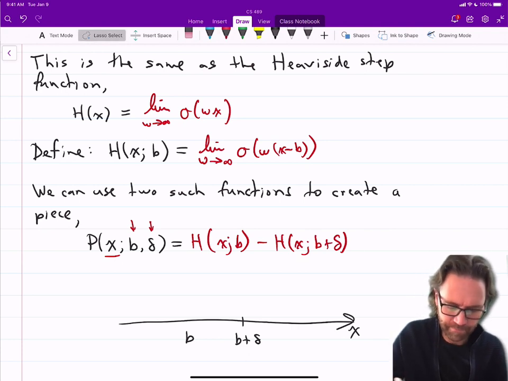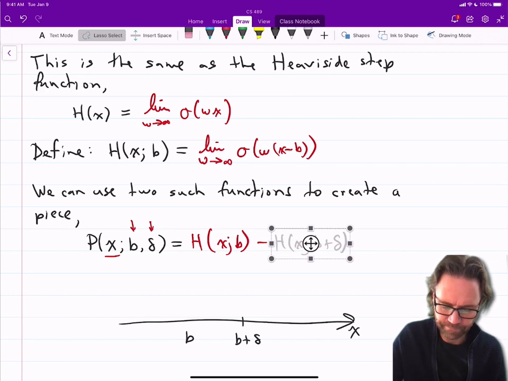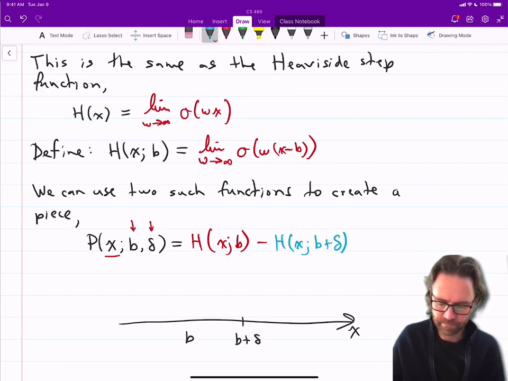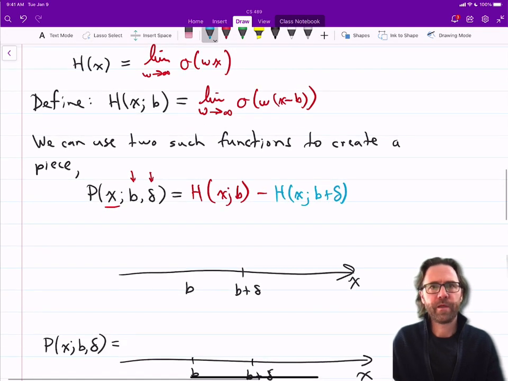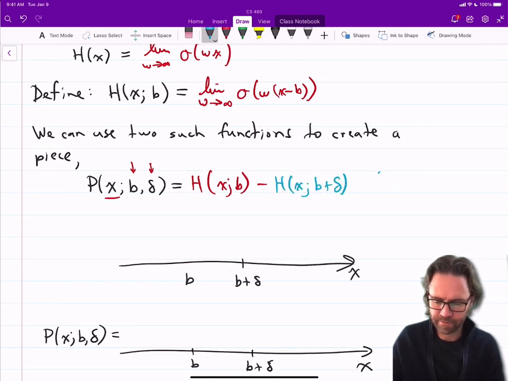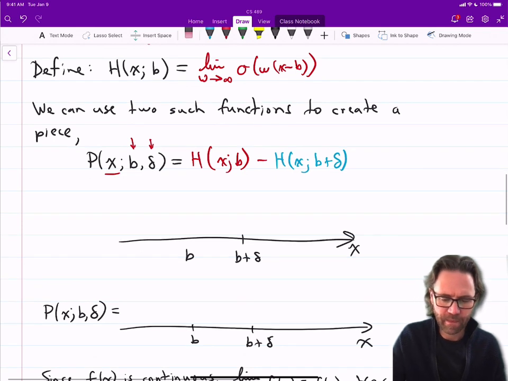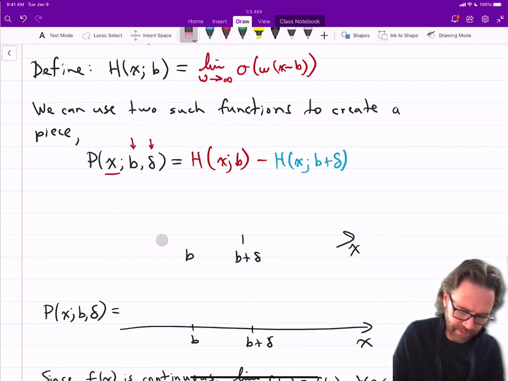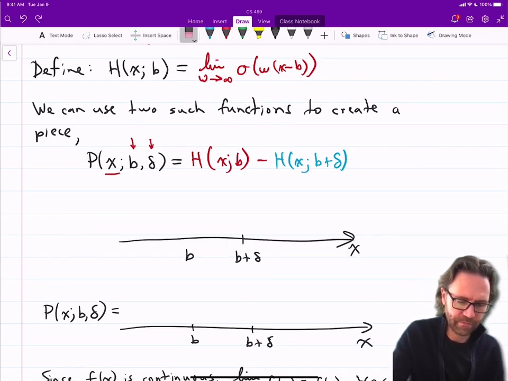Let me do a different color here. The original one, the one in red, is like this.